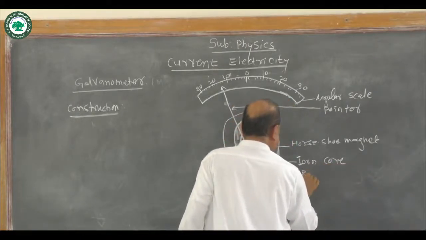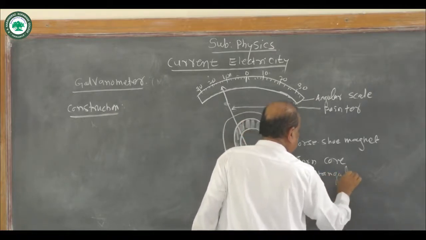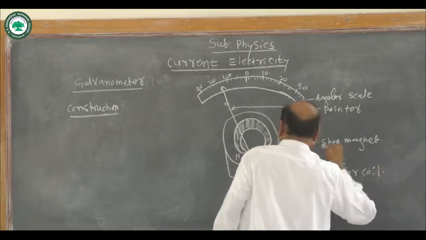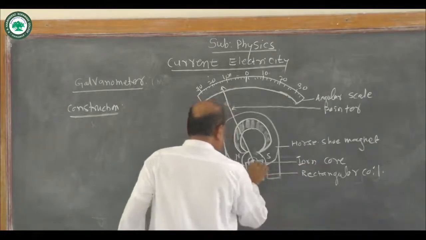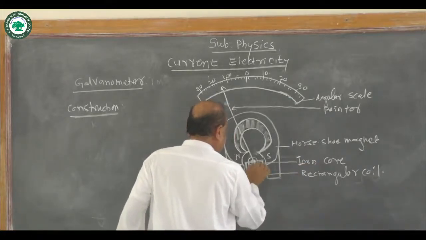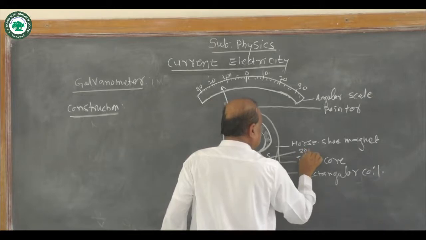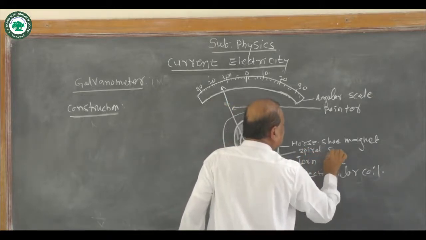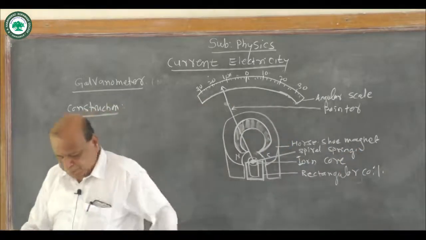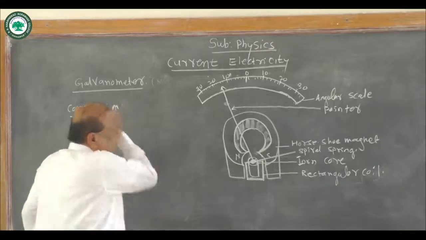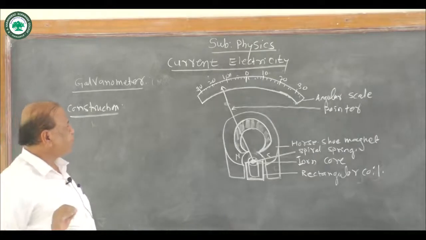This is a rectangular coil. Iron core, rectangular coil, and here the spiral spring. This is the construction of the moving coil galvanometer.